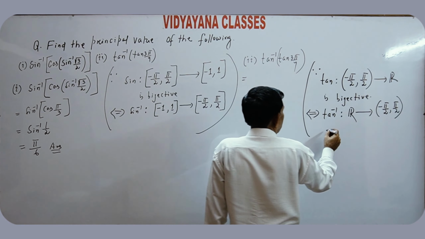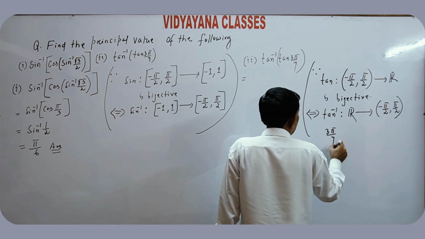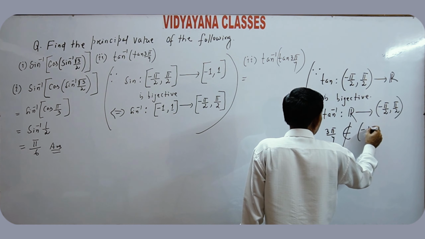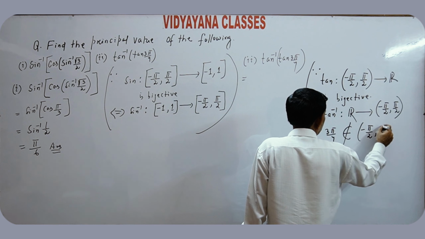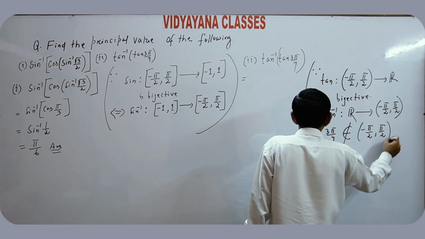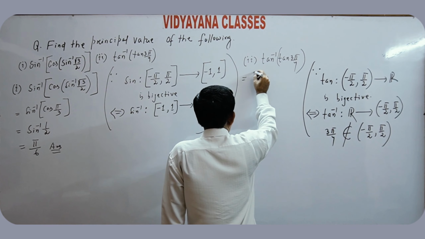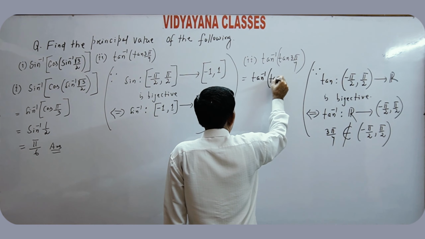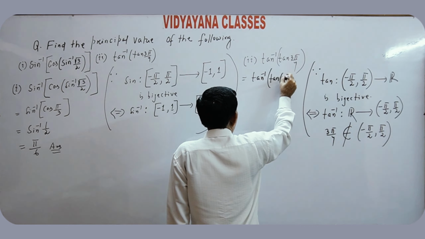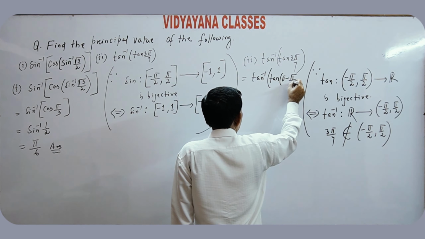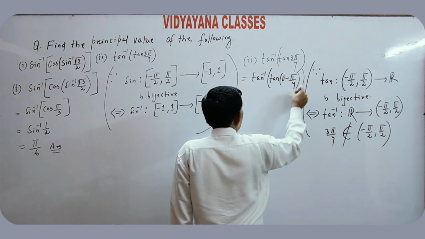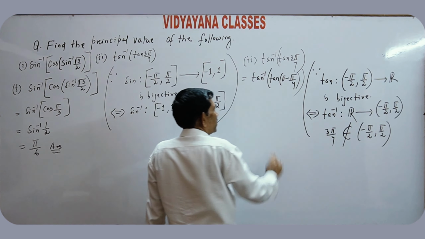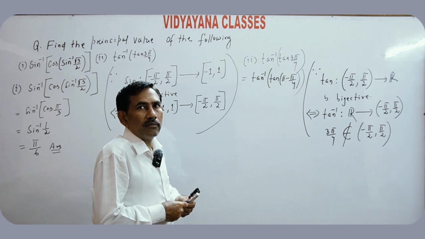Here 3 pi by 4 does not belong to (-pi/2, +pi/2). So we can write tan inverse tan of pi minus pi by 4. 3 pi by 4 can be written as pi minus pi by 4.